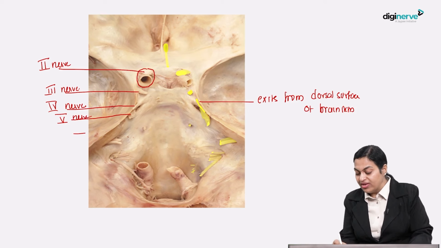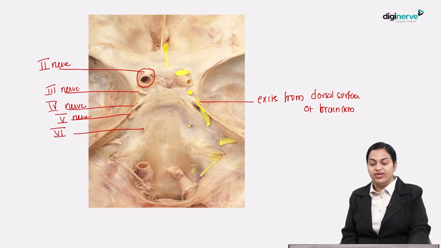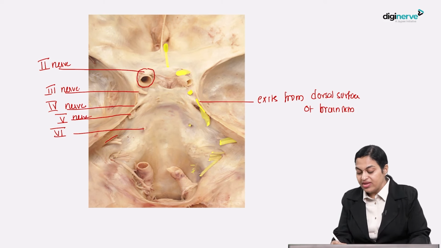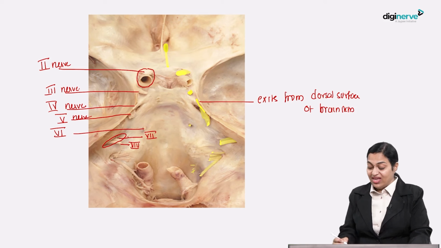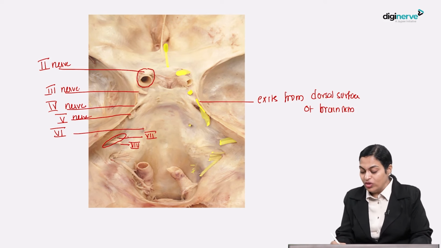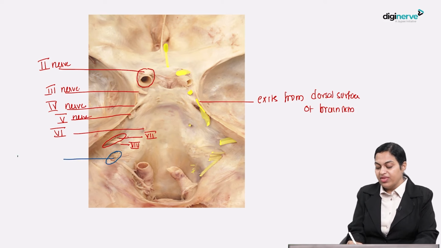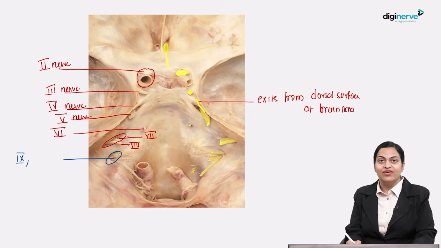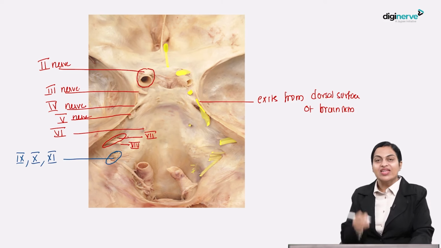And here again, this one here is the sixth nerve, abducent nerve. The internal acoustic meatus transmitting the seventh, and this one, the vestibulocochlear nerve. This is the jugular foramen. Traversing the jugular foramen is the ninth cranial nerve, glossopharyngeal nerve, the vagus, the 10th cranial nerve, and the accessory nerve.